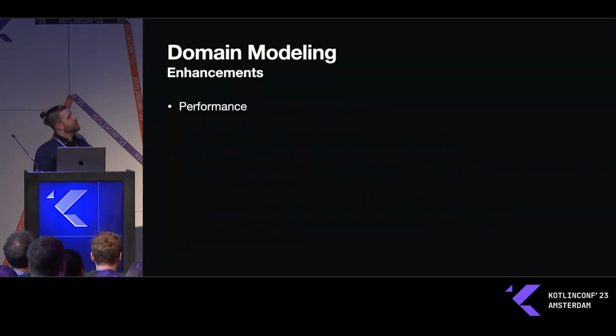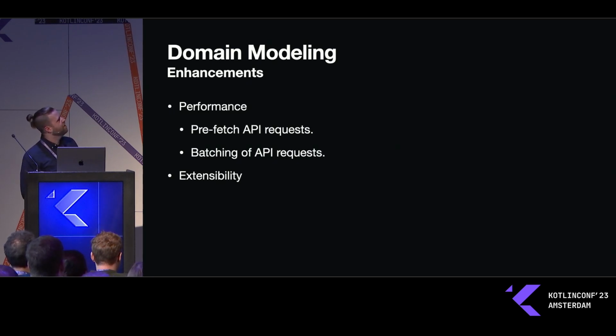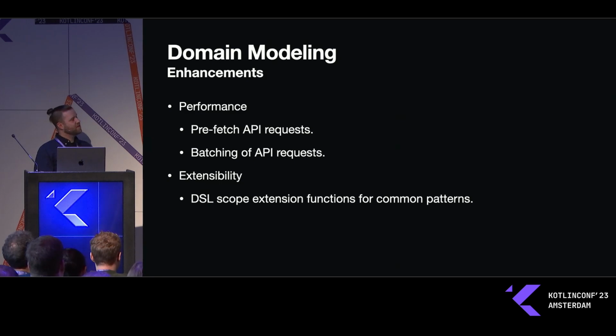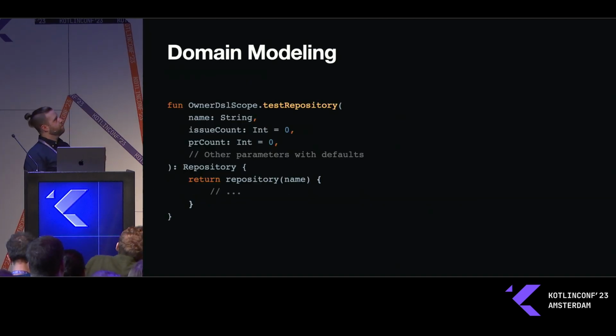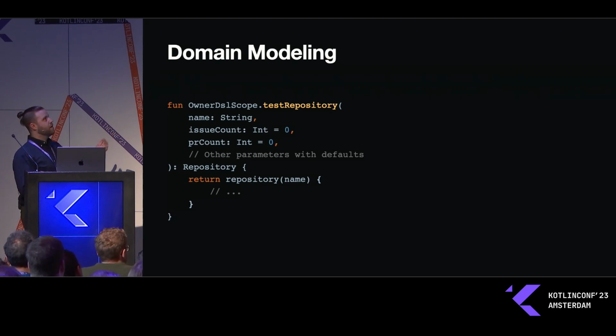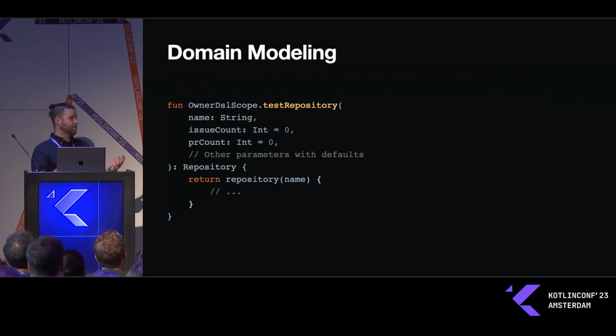Another enhancement that we can make is, because we have extension functions, we can actually just add functionality to the DSL without implementing it into the DSL itself. That might be a weird way of saying that we can create functions that are extensions of, say, an owner DSL that help us define what a test repository might look like for your particular use case.